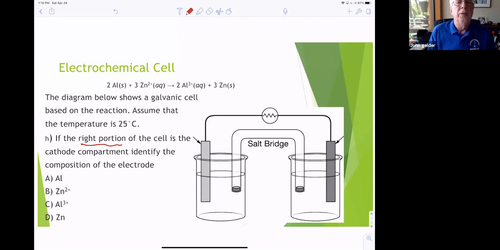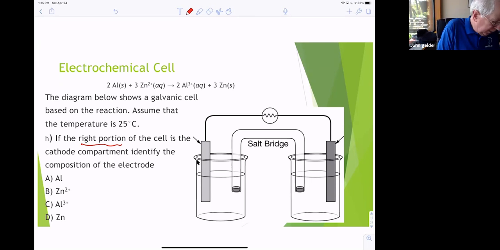All right. So I'm going to go ahead and end this poll, and I'll share the results. So in this case, again, we want a composition of the cathode electrode to be able to conduct electrons.